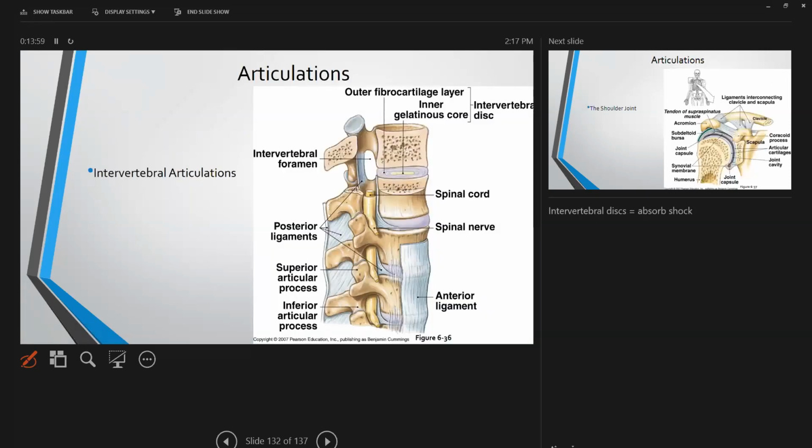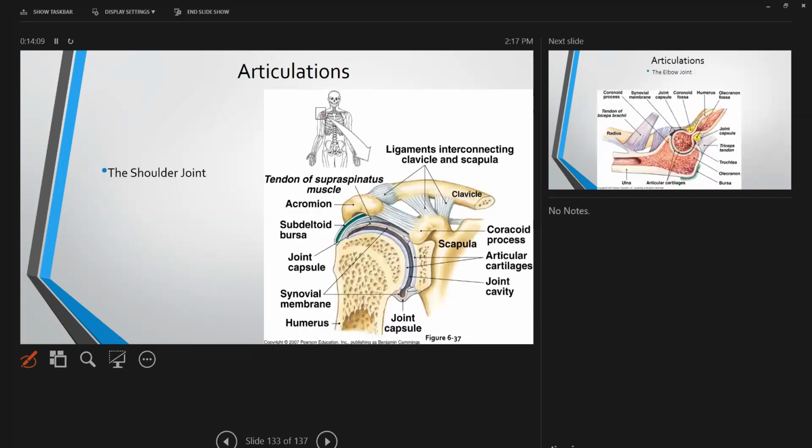So intervertebral articulations are where the vertebrae contact each other and have a light amount of movement. Other articulations include the shoulder joint itself, with the joint capsule, the subdeltoid bursa, and other articular cartilages.